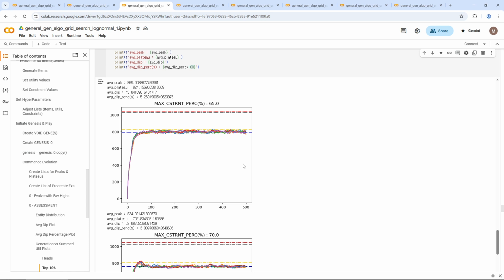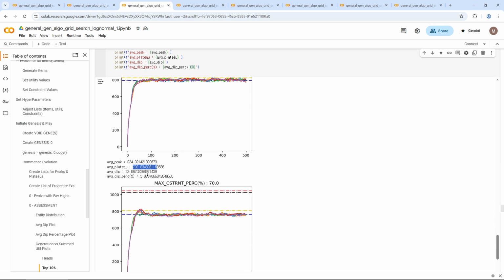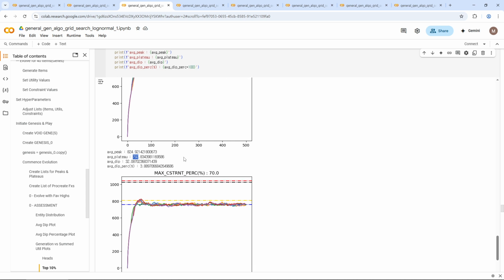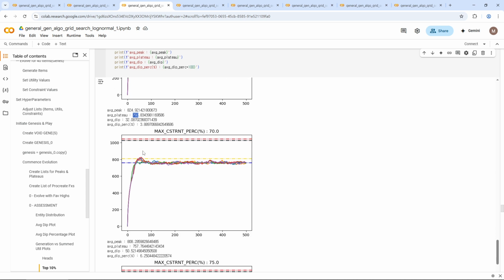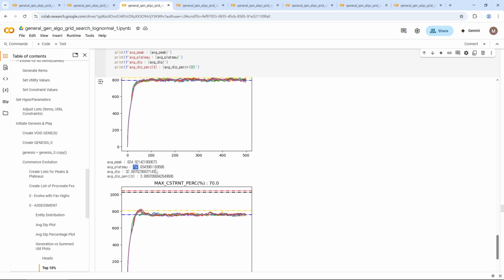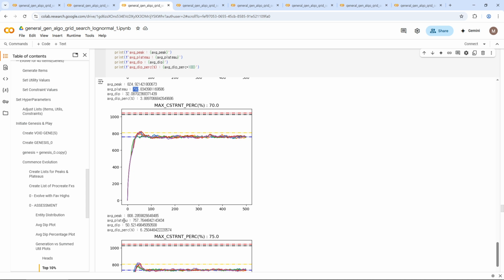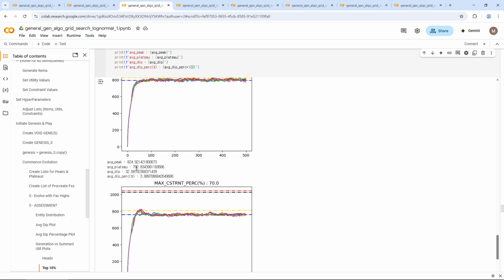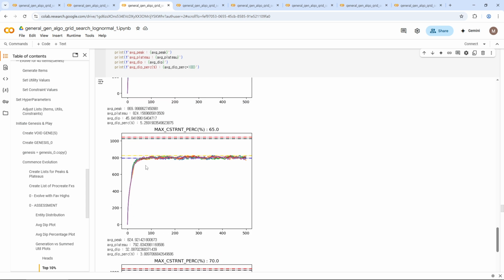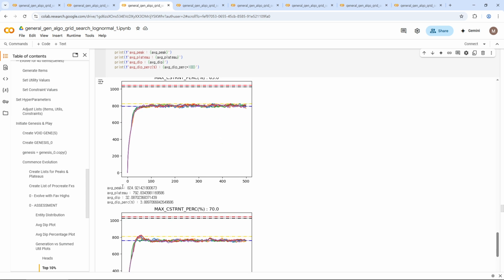But again, very interesting thing to note here is that when the maximum constraint percentage is at 65, the average plateau is 792. But when it's at 70, although we did get some peaks, the average plateau is at 757. This is lower. And also, when it's at 65, the average peak is at 824.